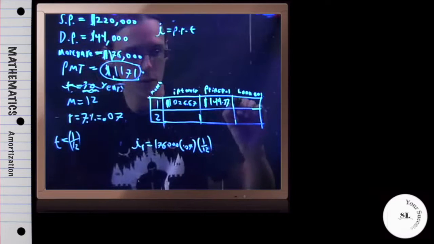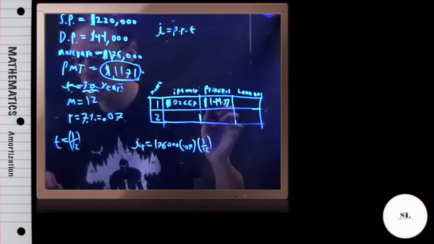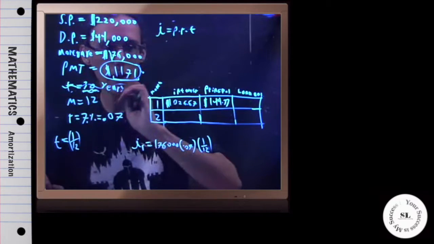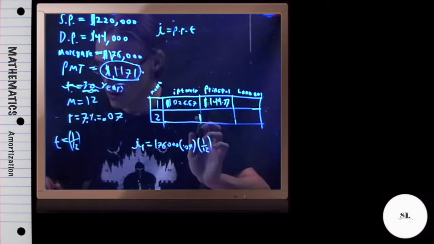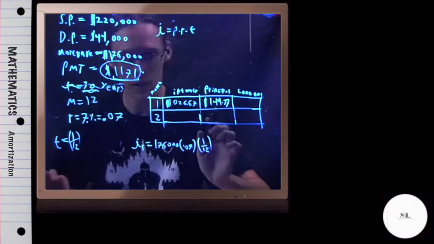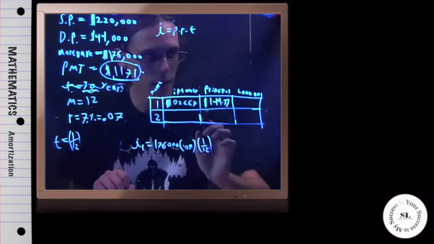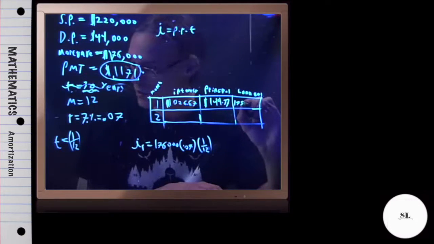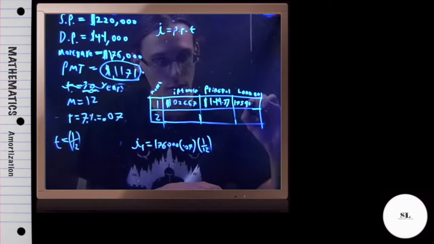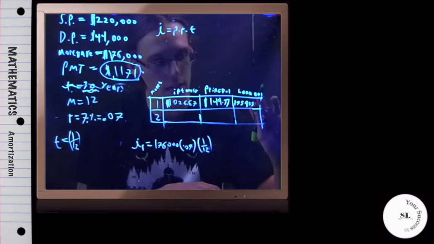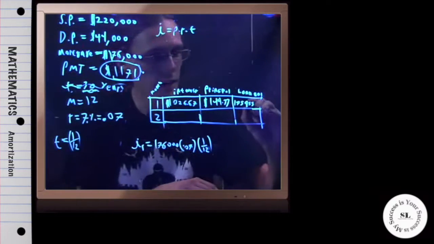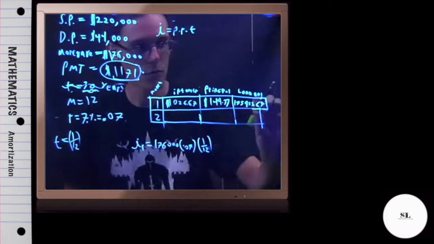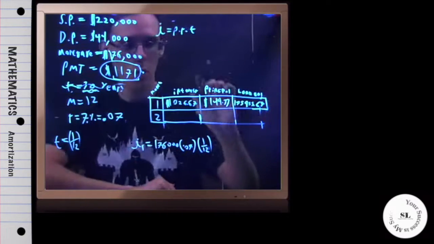So, for this part right here, I'm going to be doing my mortgage, $176,000, minus the principal payment, which is $144.33. So if I do that, I get $175,855.67.